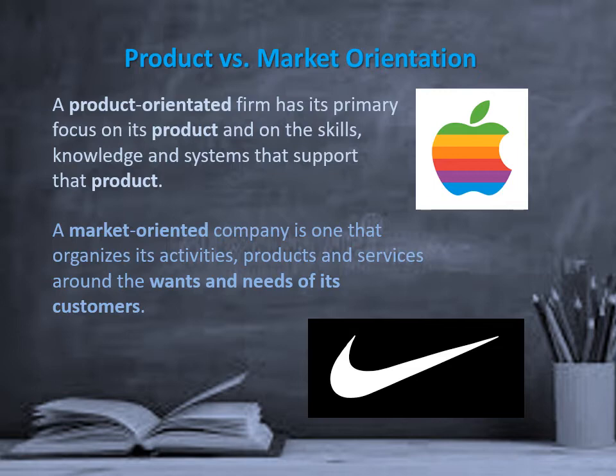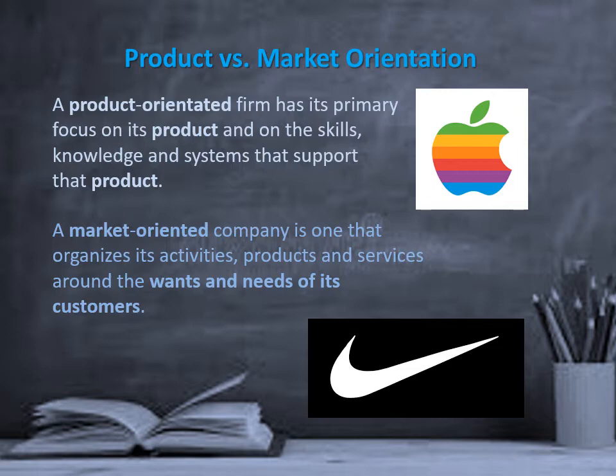By contrast, a market-oriented company is one that organizes its activities, products, and services around the wants and needs of its customers. So what they want to do is determine the requirements and the expectations of the potential customers, the targeted segments, and then create the product with the features that would meet the expectations of the potential or the targeted segment.